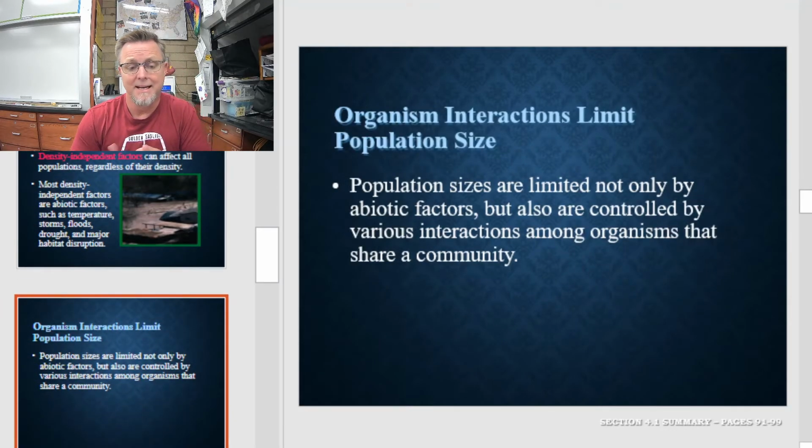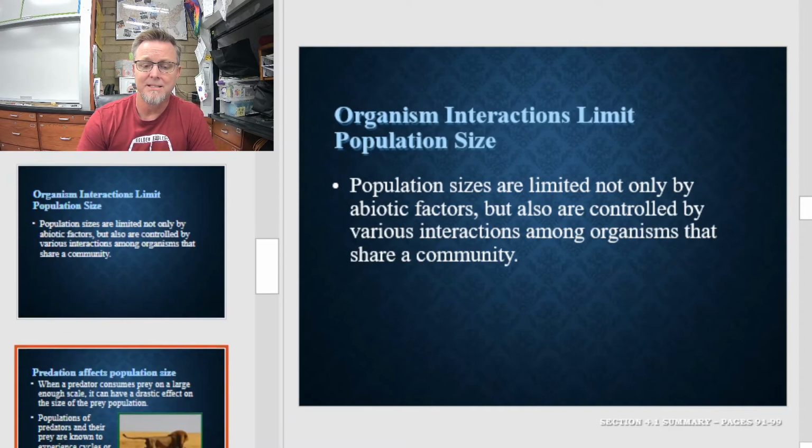All right, next thing to consider is the fact that, aside from all these abiotic things, sometimes organisms just don't get along well with other organisms. Or maybe one organism eats another organism. So aside from abiotic factors, other biotic factors can limit the size a population can get.